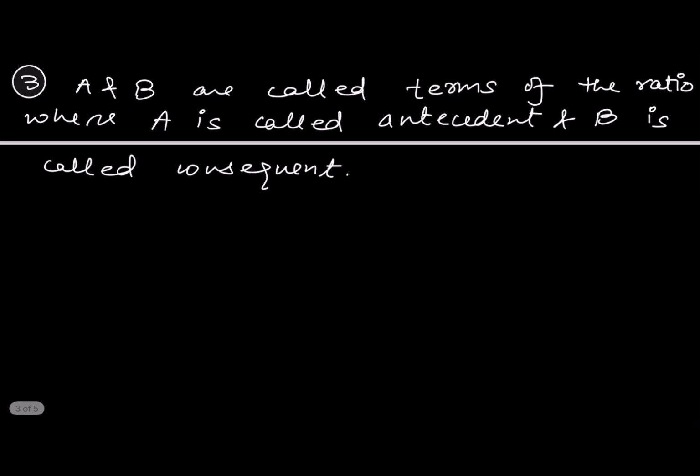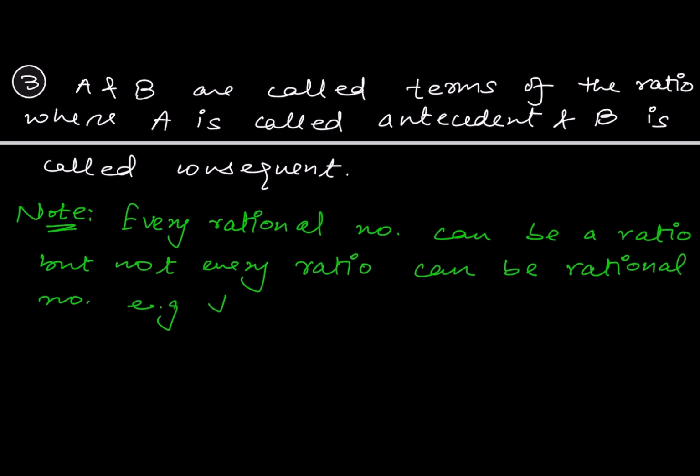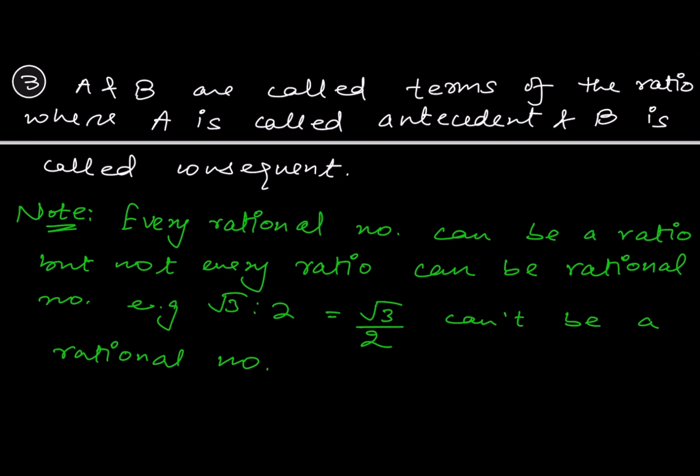Now we will write a note. Every rational number can be a ratio, but not every ratio can be a rational number. For example, root 3 is to 2, which can be written as root 3 by 2 as well, but cannot be a rational number as it cannot be expressed by any two integers, right?